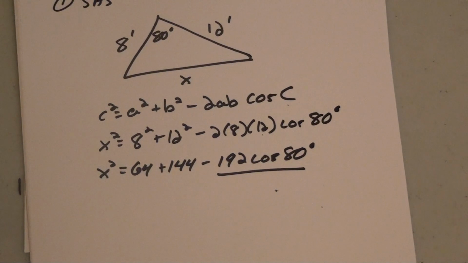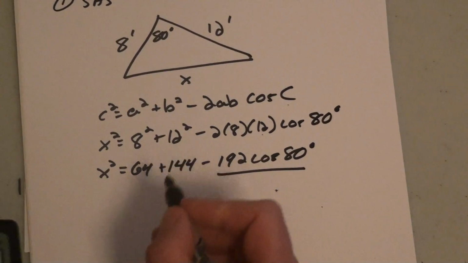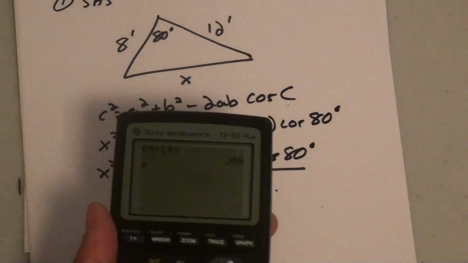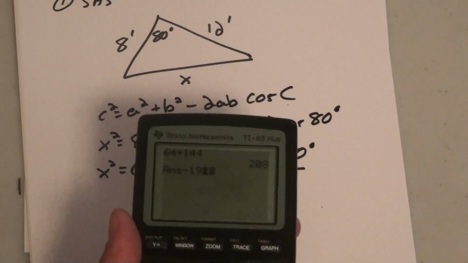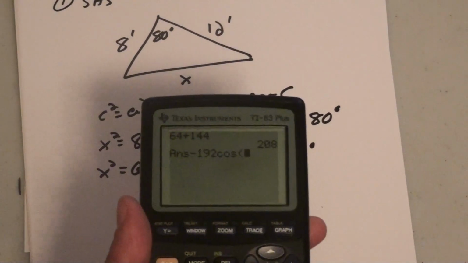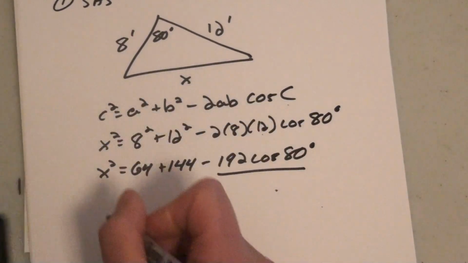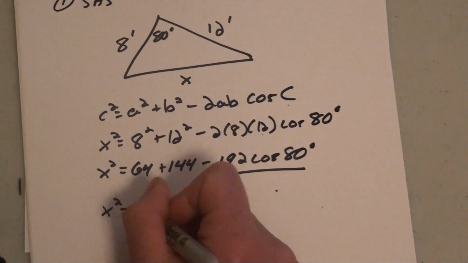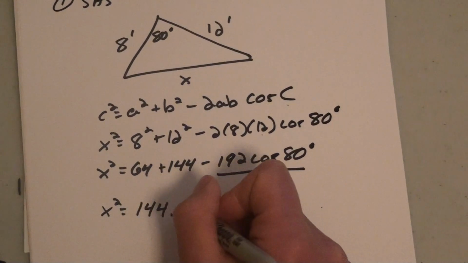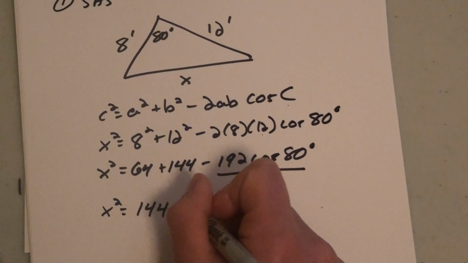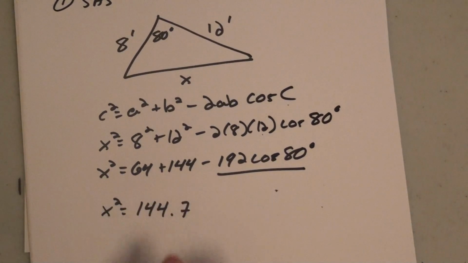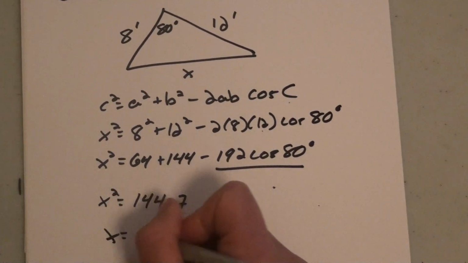So I can put everything else into the calculator. 64 plus 144 equals 208. 208 minus 192 cos 80 equals 174.7. X squared equals 174.7, but I actually want to find what x is, so I need to take the square root.